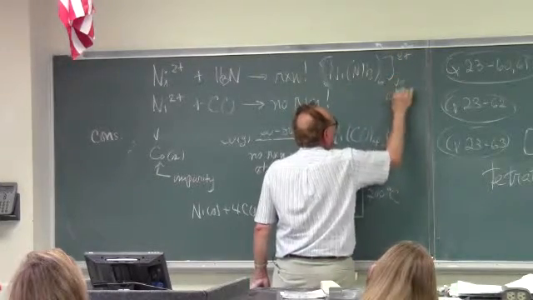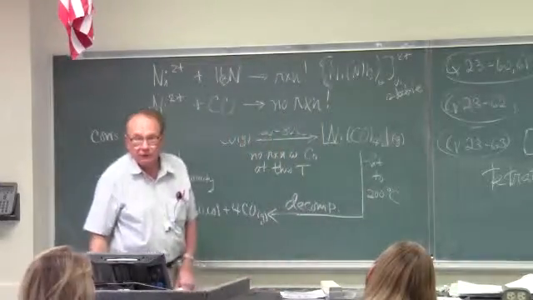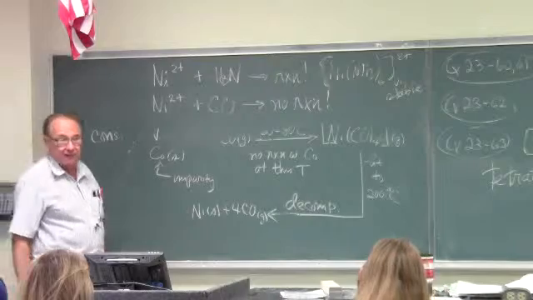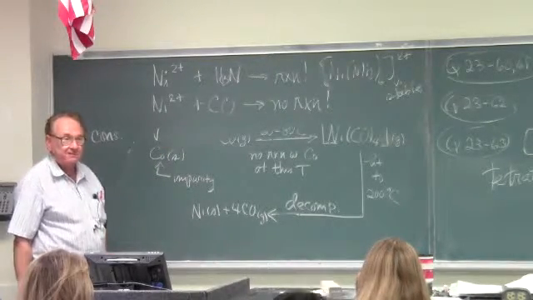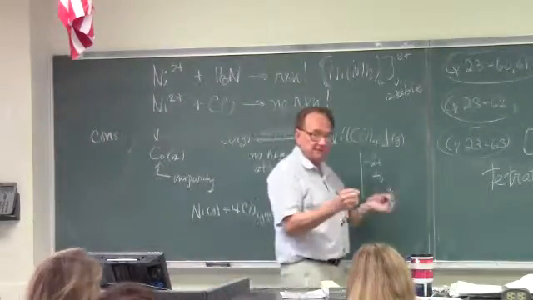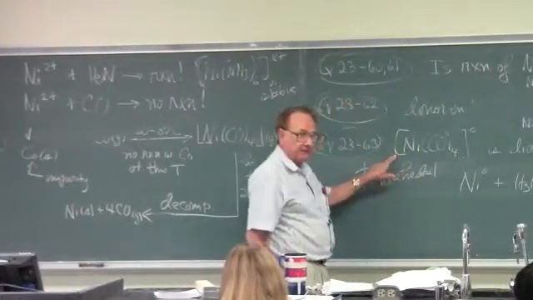Very stable. In other words, nickel +2 makes a very stable ammonia complex. But nickel +2 does not make a stable material with carbon monoxide. So what's this tell us? Does nickel carbonyl, nickel tetracarbonyl, this stuff.